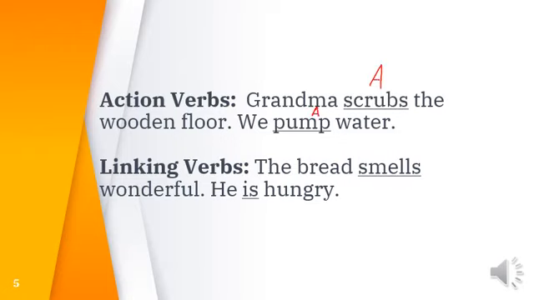The bread smells wonderful. So I have here smells, which is a linking verb. How do I know it's a linking verb? If I can change it with one of the to be verbs, is, for example: the bread is wonderful. Yes, it makes sense. And now here, he is hungry. Now this is the very famous linking verb.